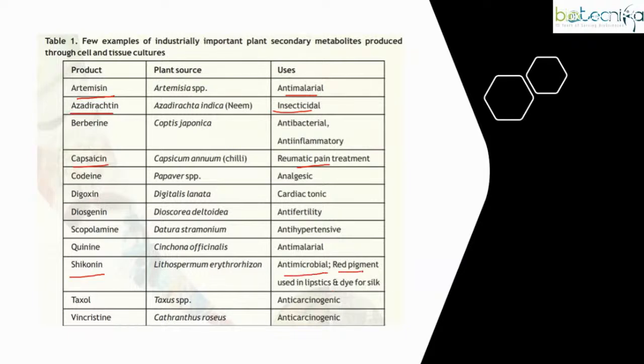It is a red pigment which is used in cosmetics like lipstick and even dyes for silk. Okay. And as I told you, these two are anti-cancer agents. Okay. So like this you can get different examples, based on which tissue culture experiments are being carried out. Okay.